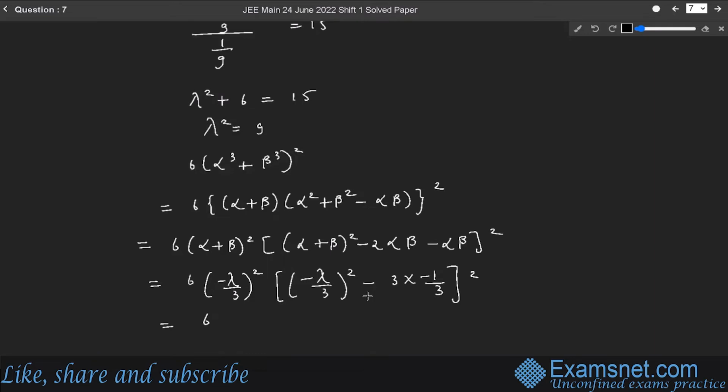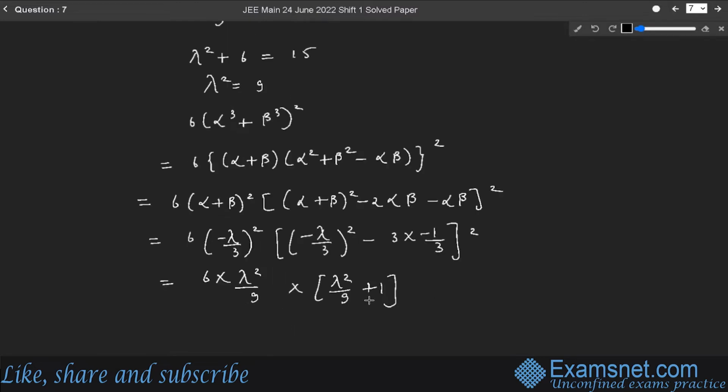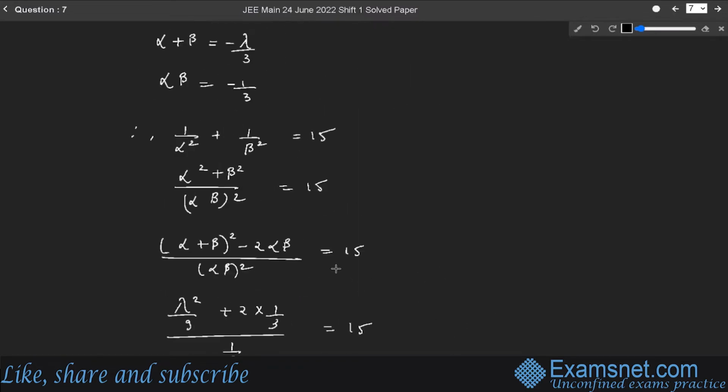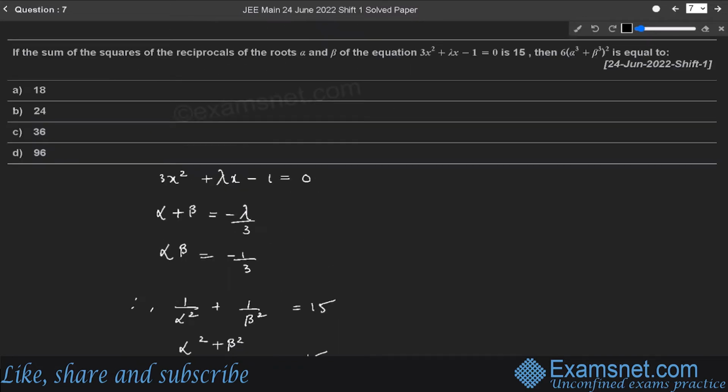So it will be equal to 6 into lambda square upon 9 into (lambda square upon 9 plus 1). On further solving this, it becomes 6 into 9 upon 9, because we know that lambda square is equal to 9, into again (9 upon 9 plus 1) whole square. So this will be equal to 6 into 2 square, which is 6 into 4, which is equal to 24. Hence, we can say that the correct answer for this question is 24. Therefore, the correct option is option number B here.